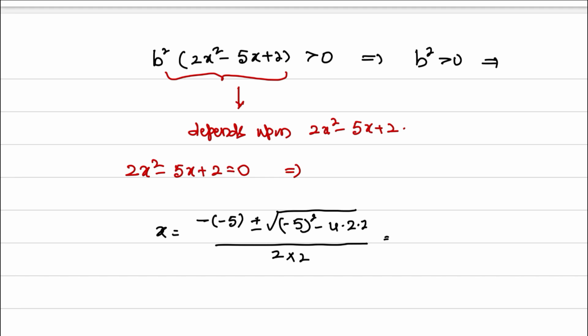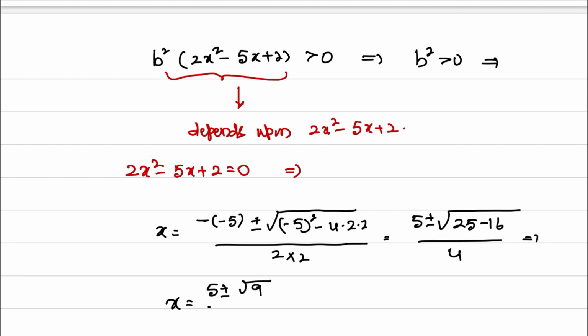That is equal to 5 plus or minus square root of 25 minus 16, whole divided by 4. That implies x is equal to 5 plus or minus square root of 9 divided by 4, that is equal to 5 plus or minus 3 divided by 4.